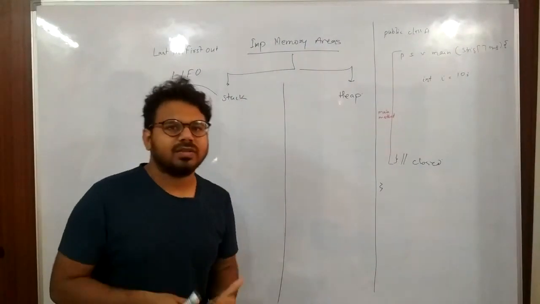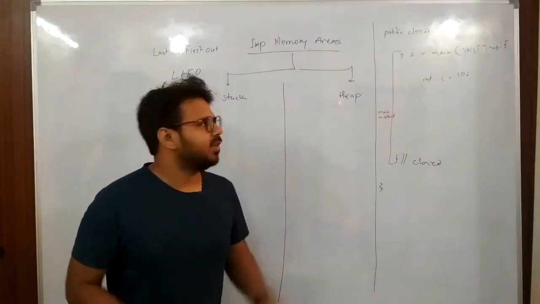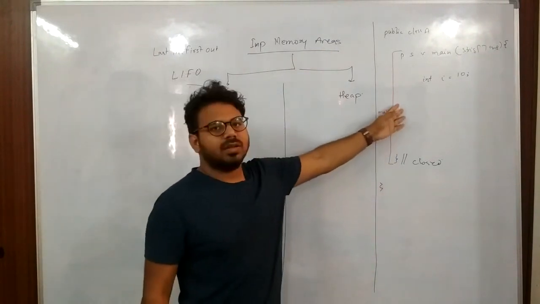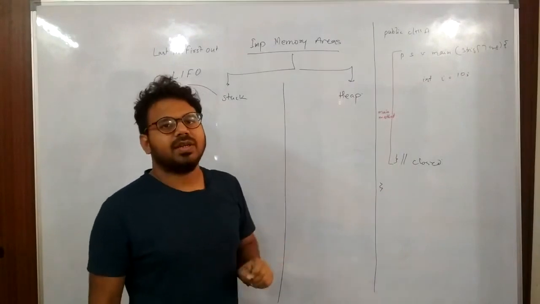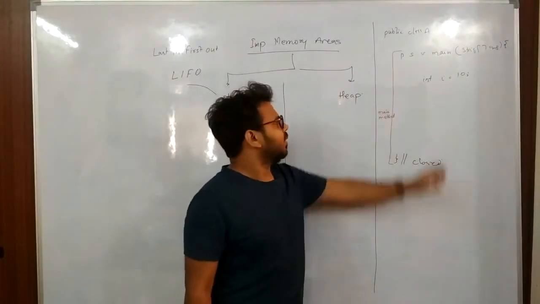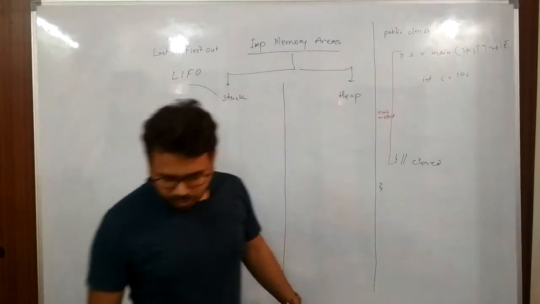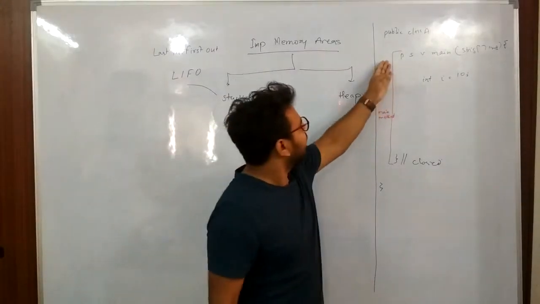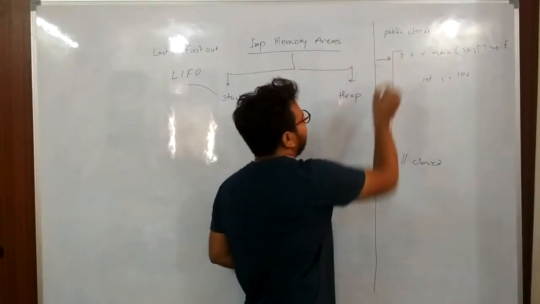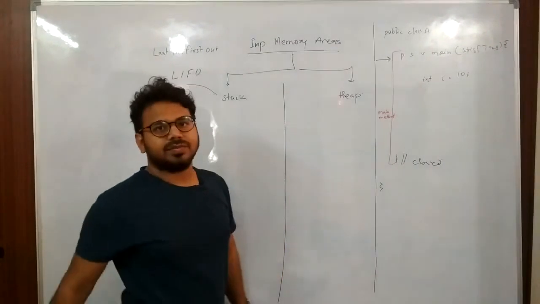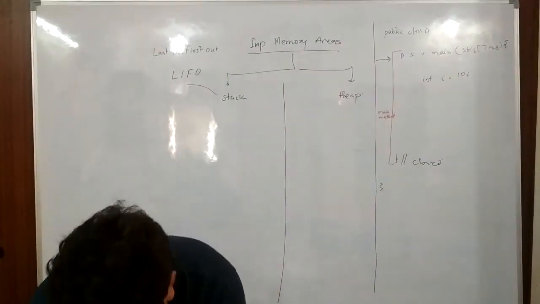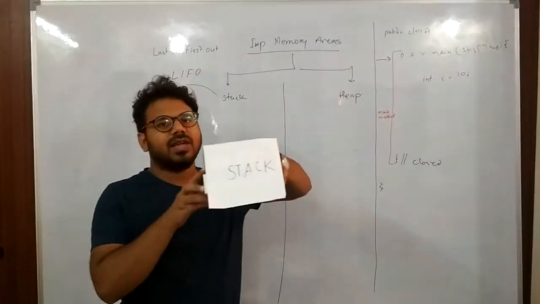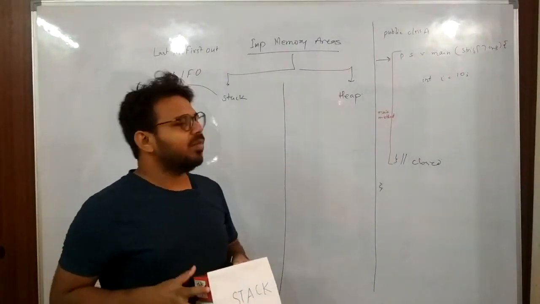Okay friends, now let us see this example in detail. Here we have our class, and inside it only one method, the main method. So what happens at this line? In memory, in the stack memory, a stack frame is generated.